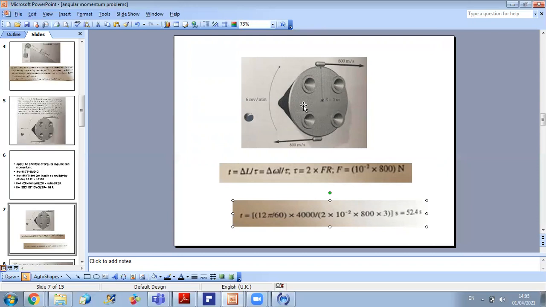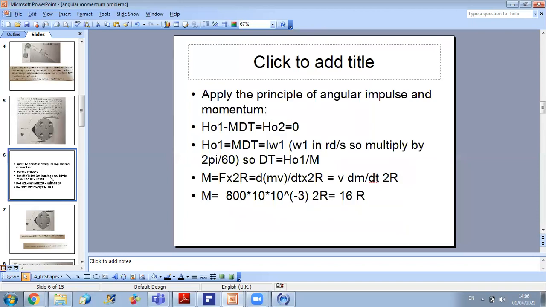From the third bullet point, can you please tell us what we did? Yes, okay, the third bullet point. We are applying the principle of angular impulse and moment.